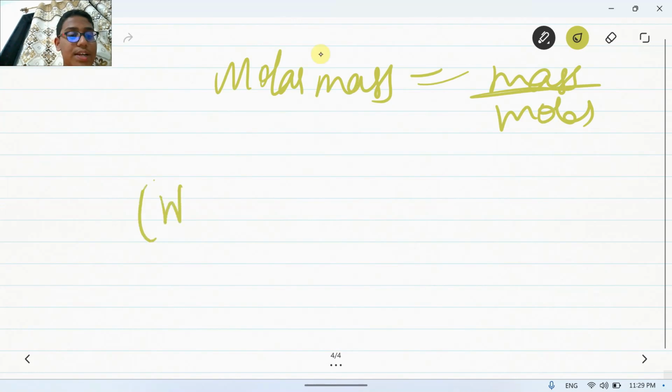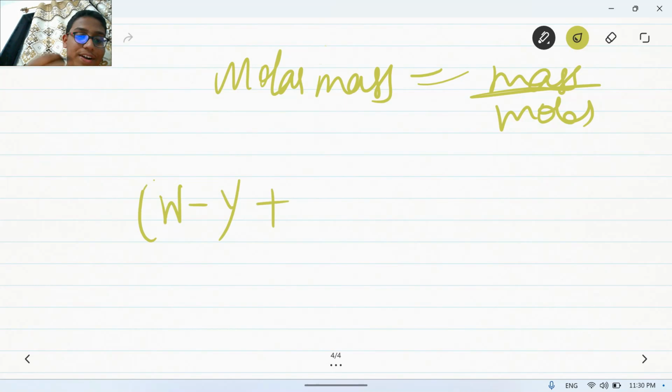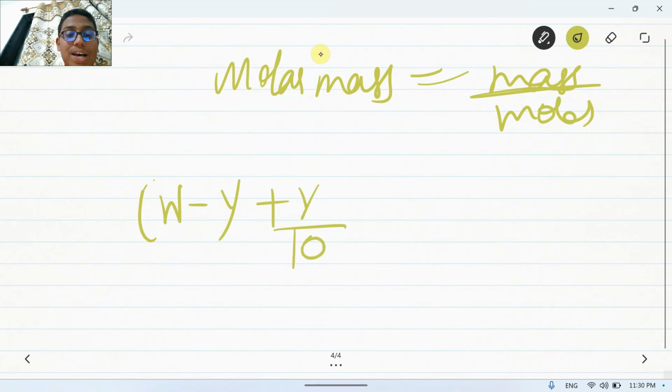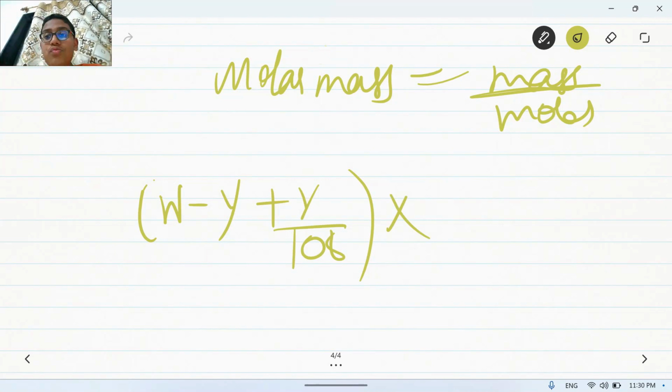It is W minus Y, this is the mass of A, which is any group. I don't know about it. Nobody knows. That's why we are calculating. So plus Y by 108 n, this is the mass of hydrogen. Multiplied by 1 upon moles.